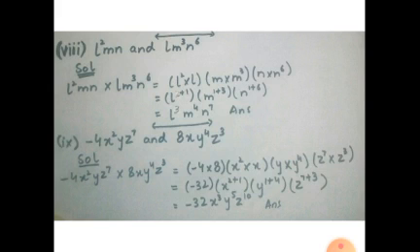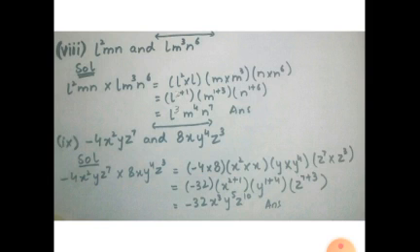the answer. Now comes part number 9, that is minus 4x²yz⁷ and 8xy⁴z³. So first of all we place a multiply sign in between these terms, then we separate the numeric values, that is minus 4 and 8.